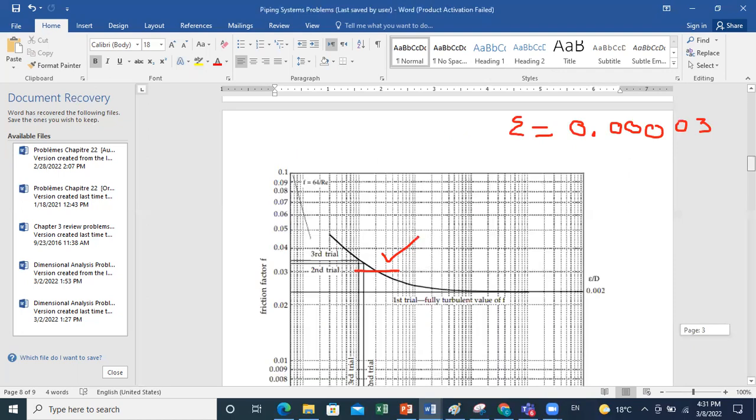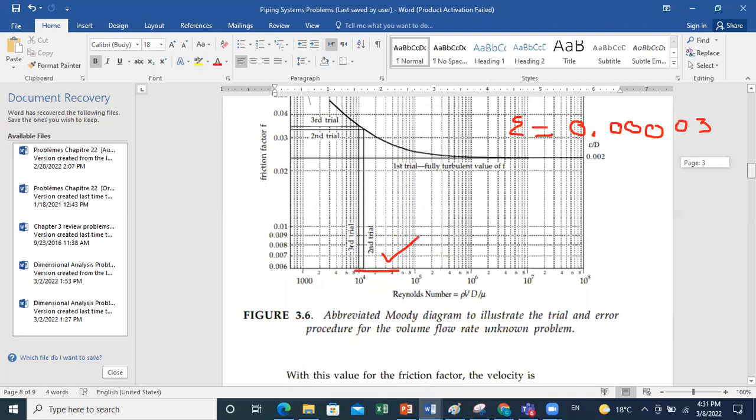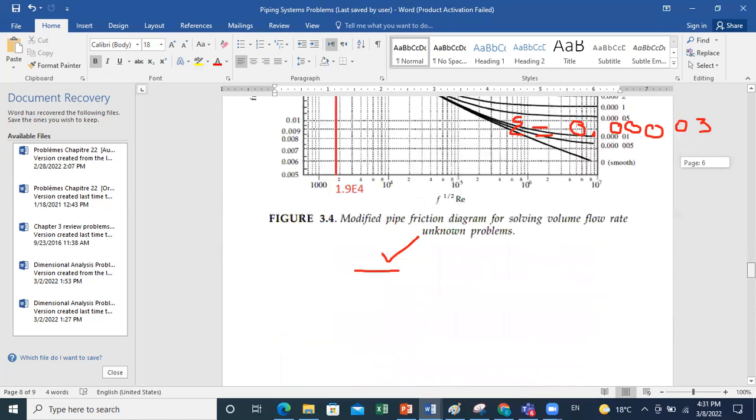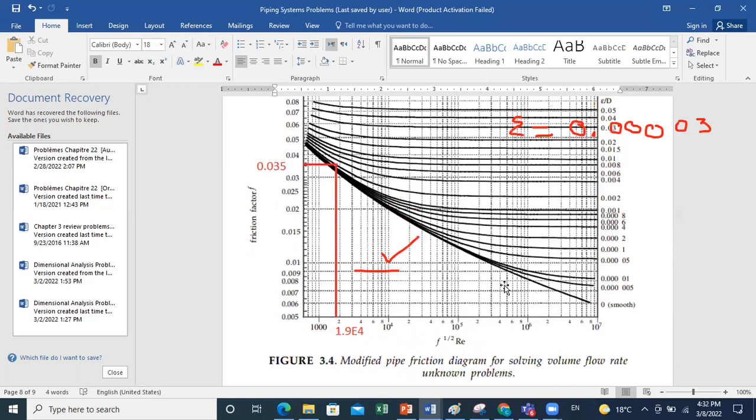This is a Moody diagram. Here they don't put all the curves. Let me open another one. I cannot use this second graph. If you remember, last time we did together an example on the modified Moody diagram.